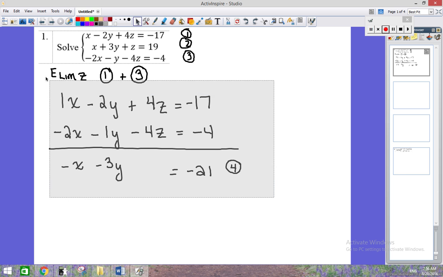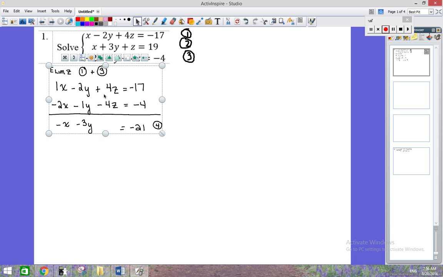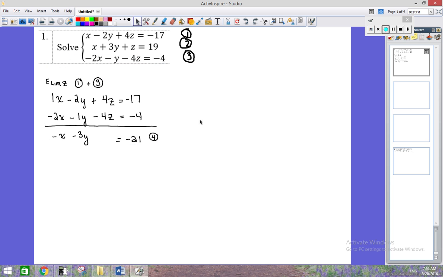We need to now use equation 2. And it doesn't matter if we use equation 2 with 1 or equation 2 with 3. So I'm going to use it with equation 3. What I'm going to do is still eliminate z.